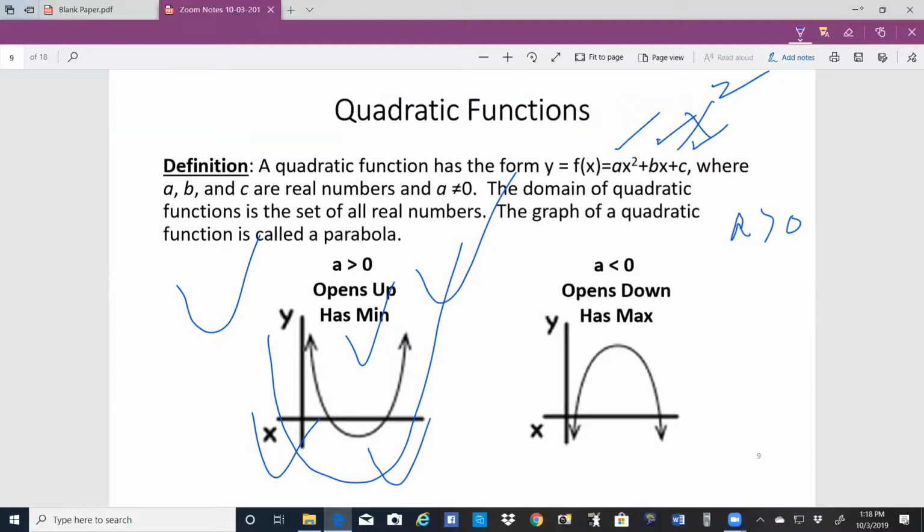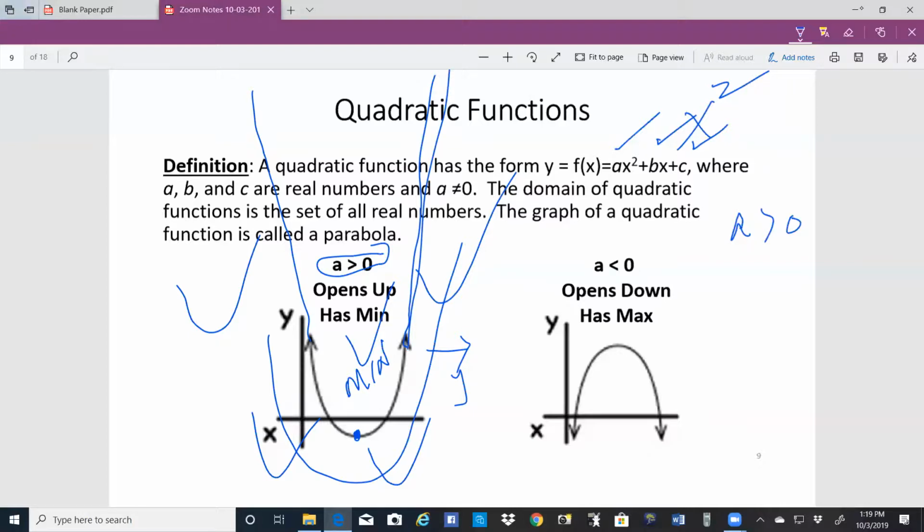But it always opens up if A is more than 0. That means that if it looks like that, it's going to have a minimum. And it won't have a maximum, it'll just keep on going up. As x gets bigger, y gets bigger very fast.